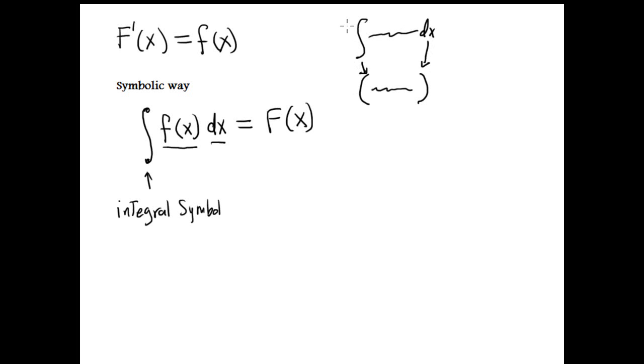Okay, now let me see the power rule of the antiderivative. Suppose the integral of x to the n power dx. The formula is n, you increase it, plus 1, divided by n plus 1, plus a constant c.